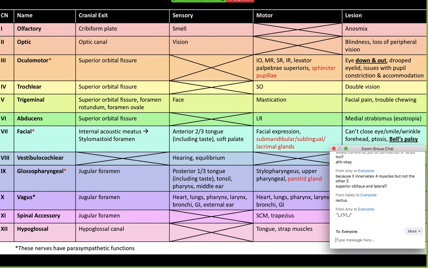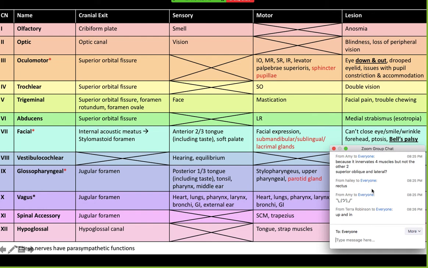And what is the function of the superior oblique? Anybody? So your superior oblique is helping you look down and out.